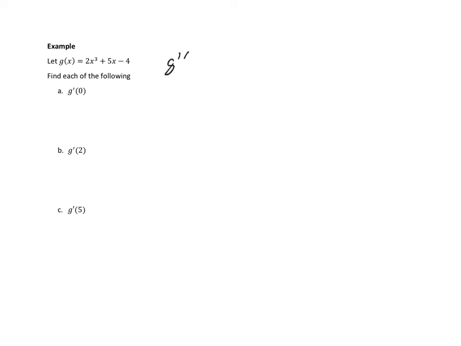Well, in general, then, g prime of x would equal, using our rules, the first term would be 6x squared. The derivative of the 5x would just be 5, and the minus 4 would go away, right? If we think of this second part as being like a linear equation. Or you can start thinking of the derivative of a constant being 0.